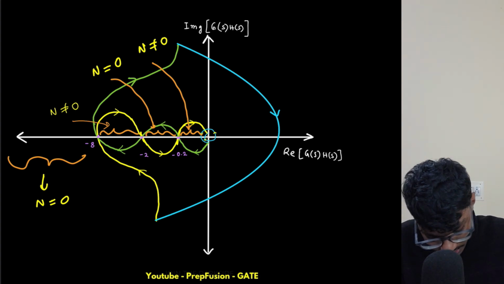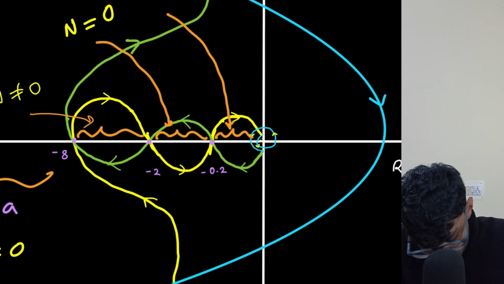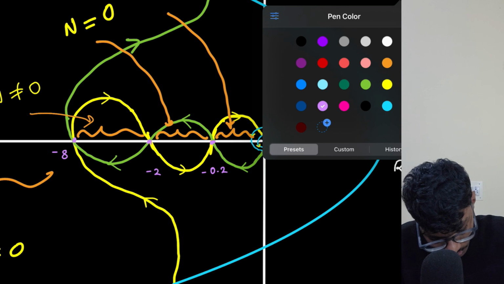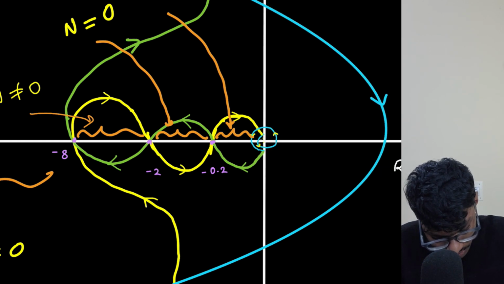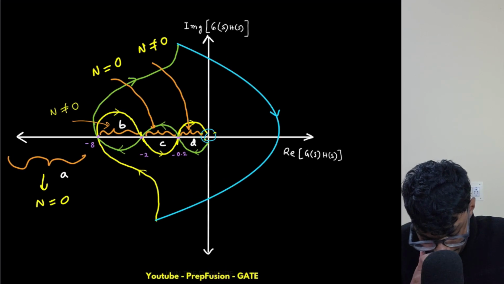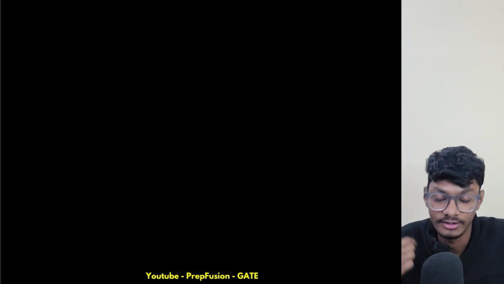Let's name this region as A, this region as B, then this C, and this D. Those are not exact values. Exact values will change. Just let me solve the question, you'll understand.